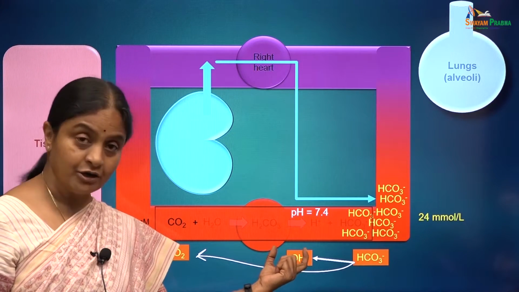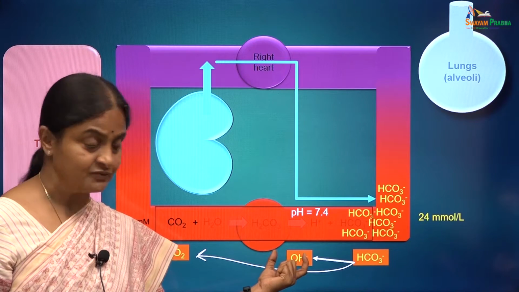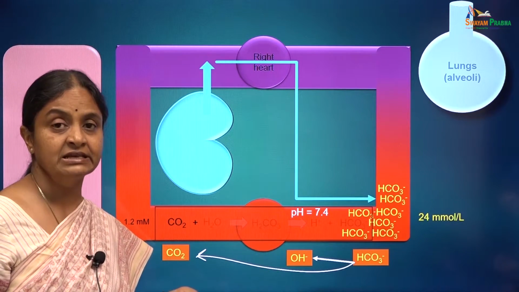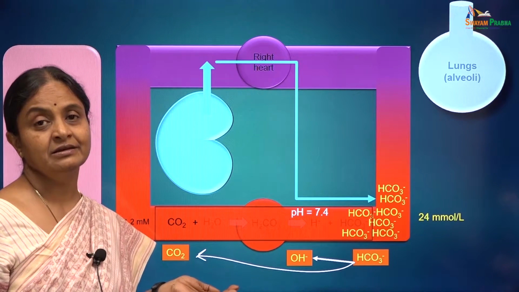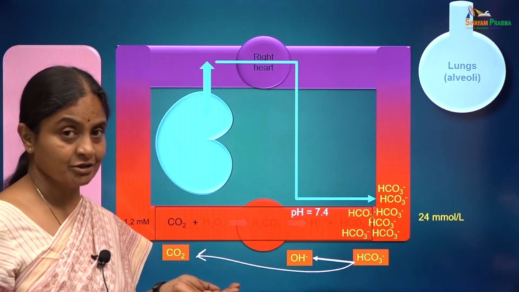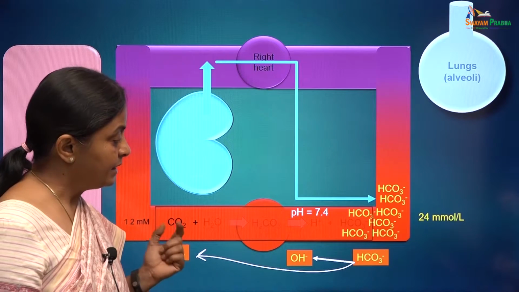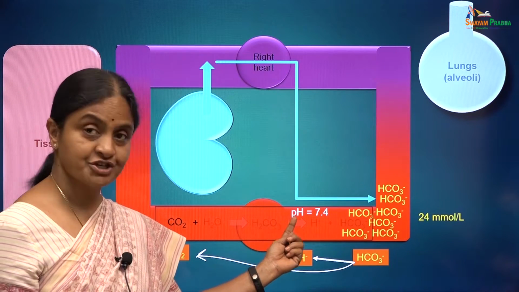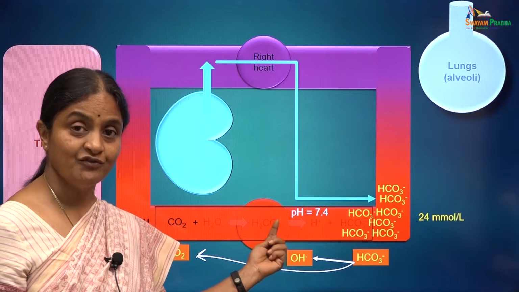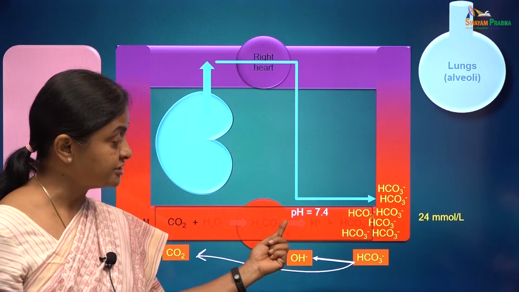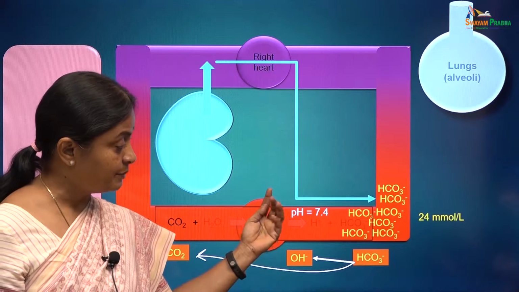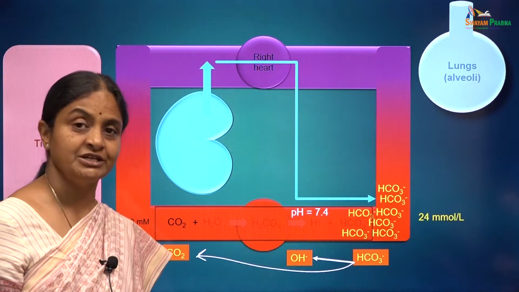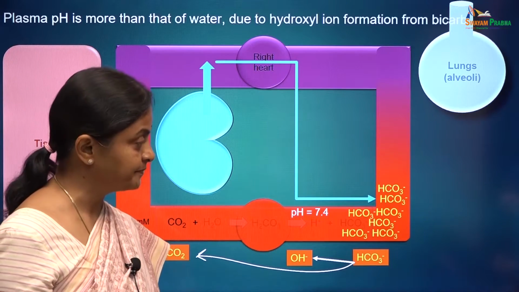And if hydroxyl ion concentration increases, we have seen already that hydrogen ion concentration has to decrease so as to maintain ionization product constant of water. It is because of this reaction that plasma pH is more than that of water, or the free hydrogen ion concentration of plasma is 40 nanomoles per liter, while that of water is actually 100 nanomoles per liter.